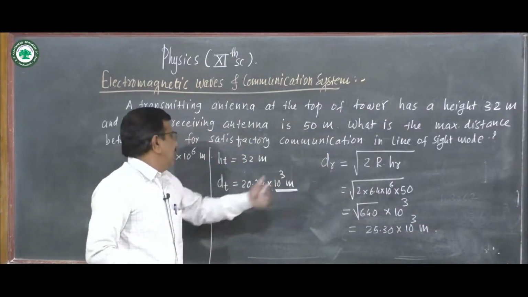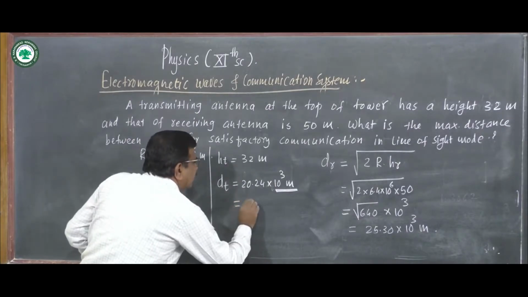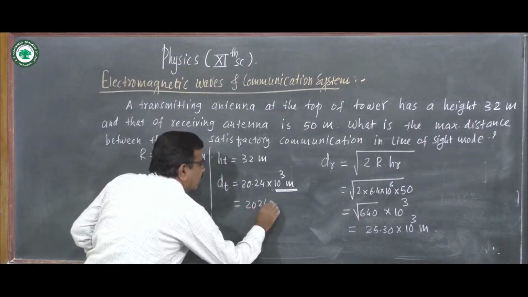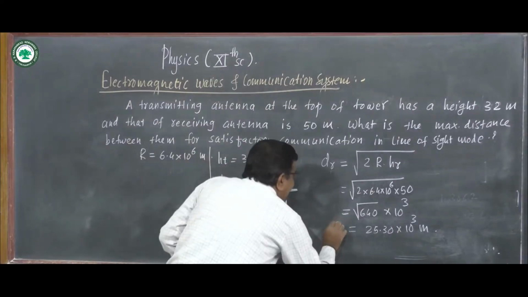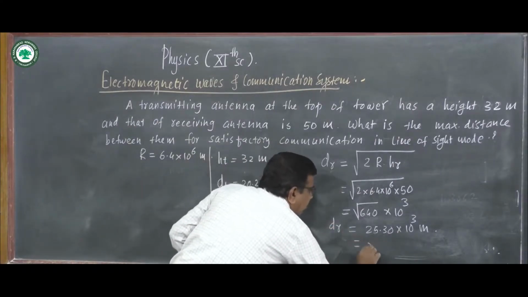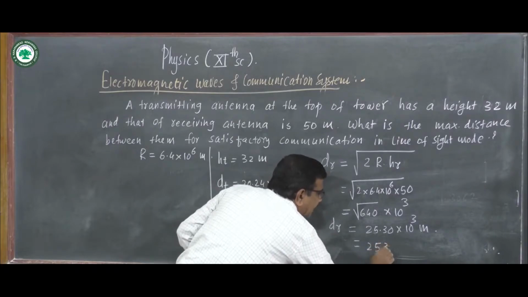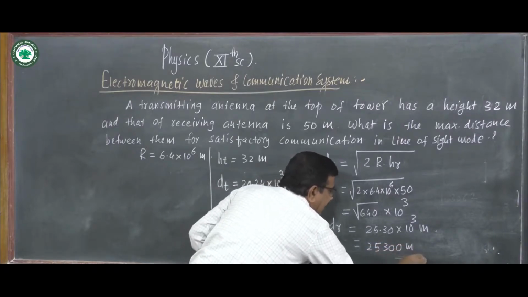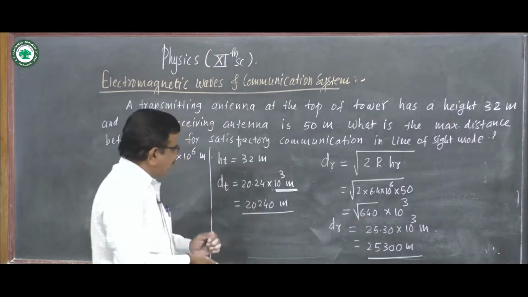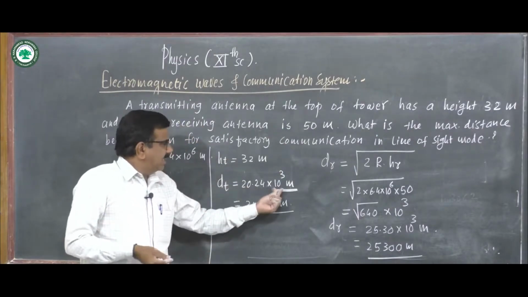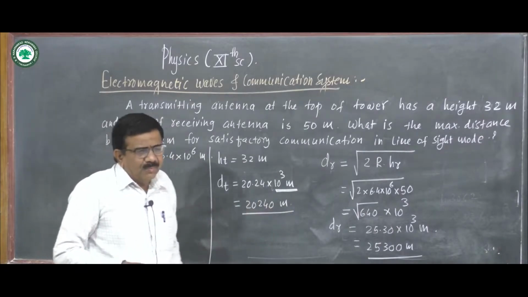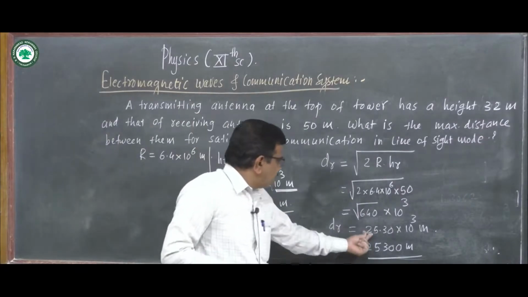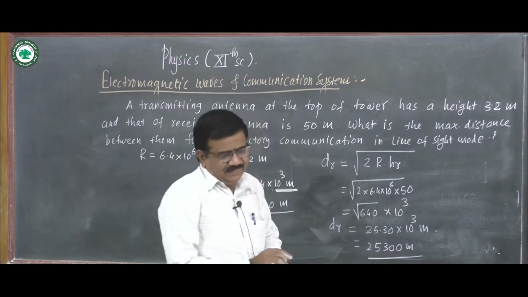So dt is 20240 meter, and dr is 25300 meter.